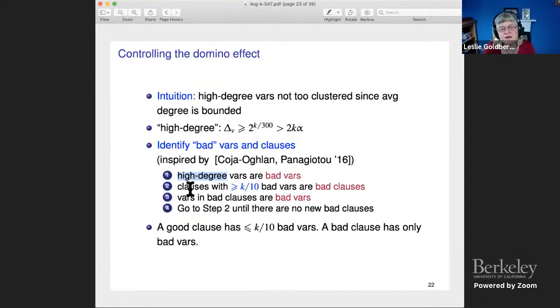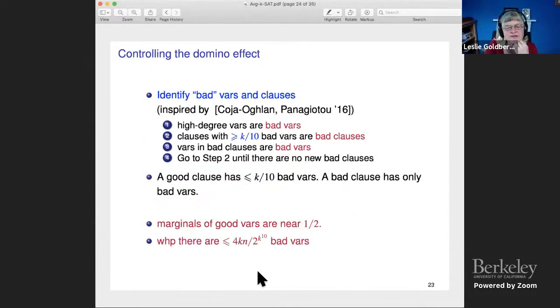So we know that. Any clauses that have a lot of bad variables, they're bad. But the variables that are in bad clauses, they're bad, and we just keep doing this until there's no more badness in the world. And when we get done, by construction, what we have is a set of good clauses that don't have many bad variables, and bad clauses only have bad variables.